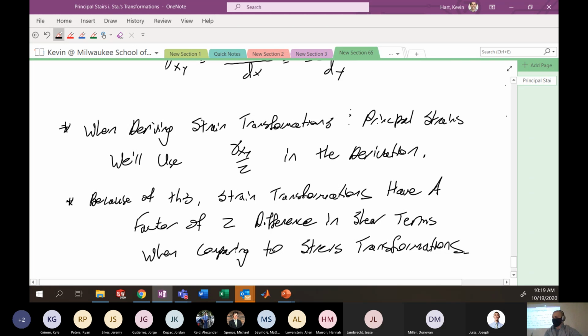Okay. So the strain transformations have a factor of 2 difference in shear terms when comparing to stress transformations.